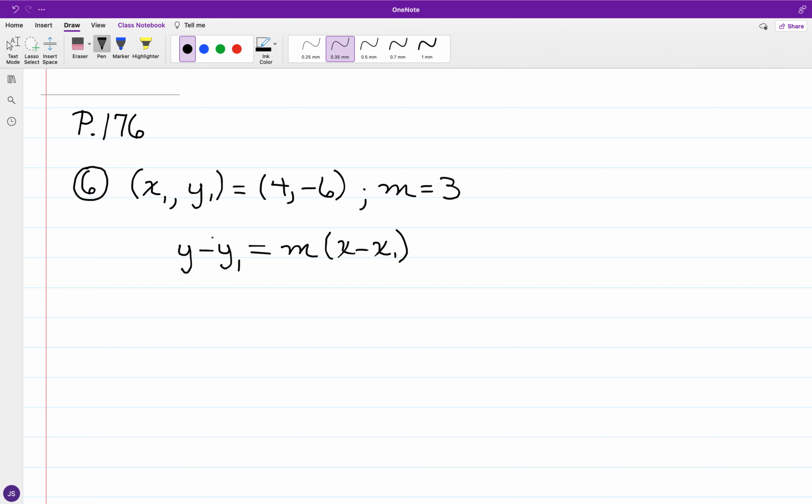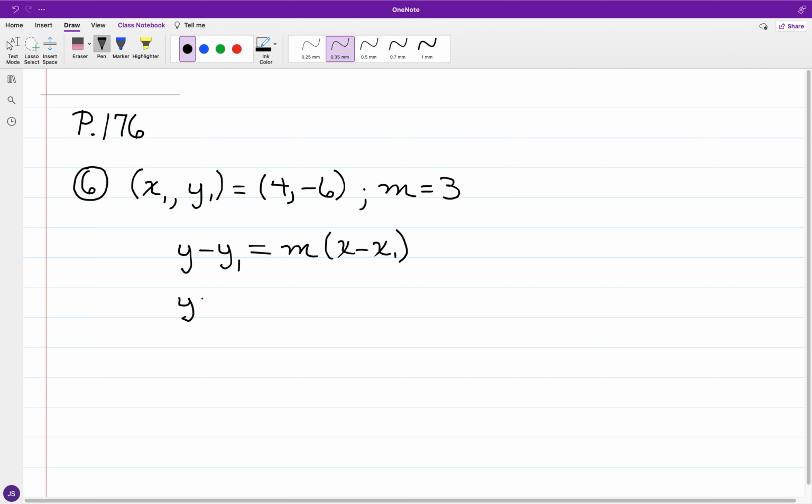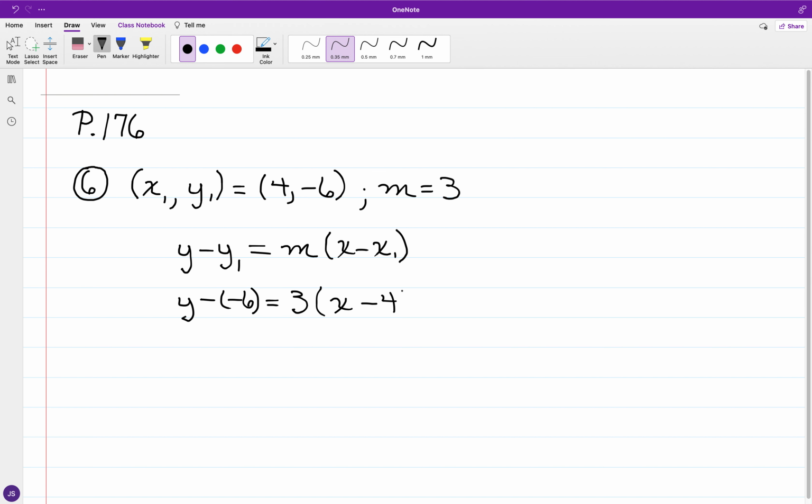For y minus y1, we're going to have y minus -6, equal to the slope m, which we have at 3, times the quantity of x minus x1, where we have x minus 4.